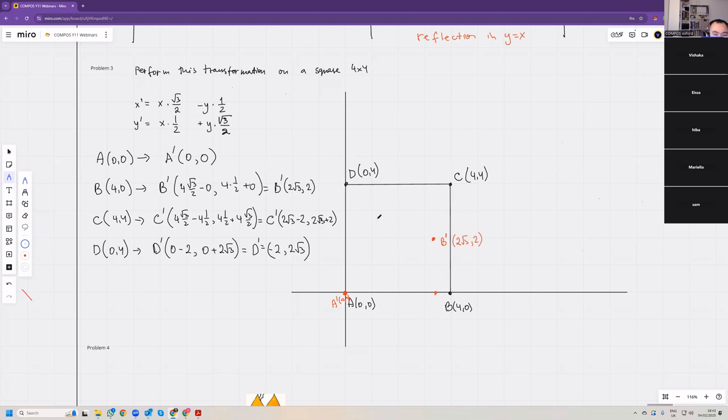C dash is 2 root 3 minus 2. So that's 2 times 1.7, so 3.4. 3.4 minus 2, that's 1.4. So about 1.4. So somewhere here. And 3.4 plus 2, that's 5.4. So that would be this.